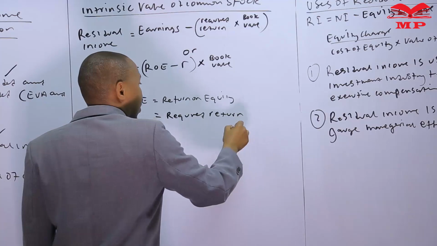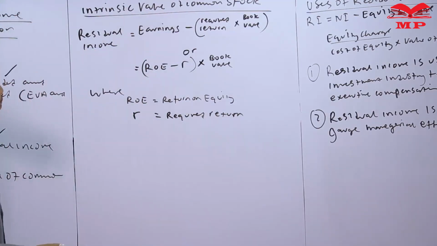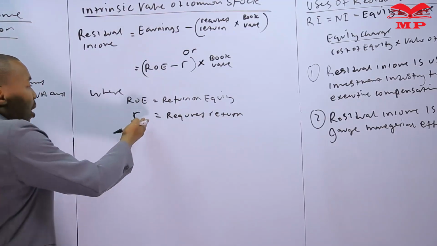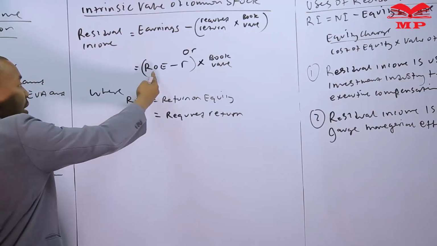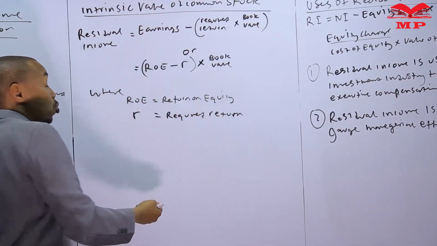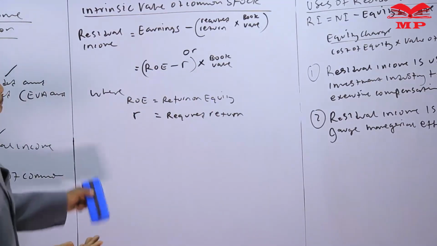So once we have the ROE, we have R, and we have the book value, we can also be able to get the residual income.